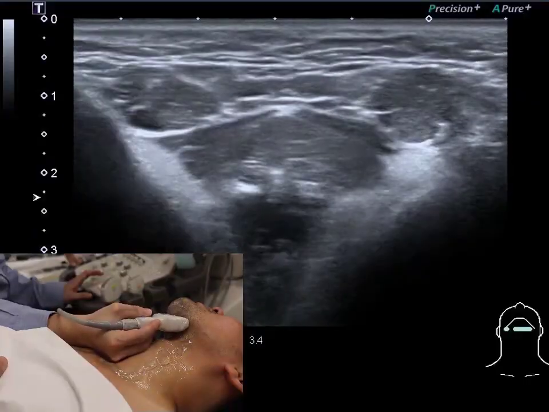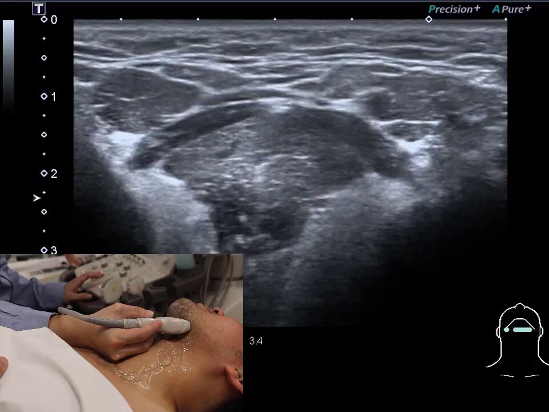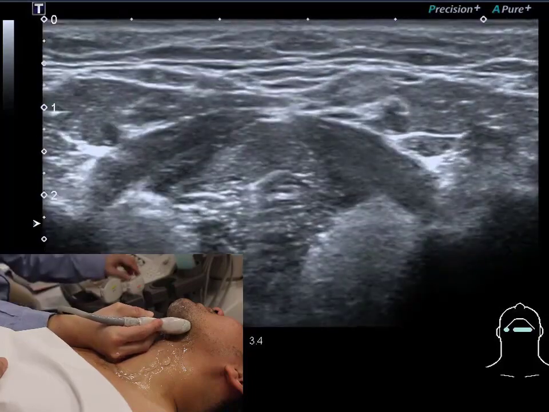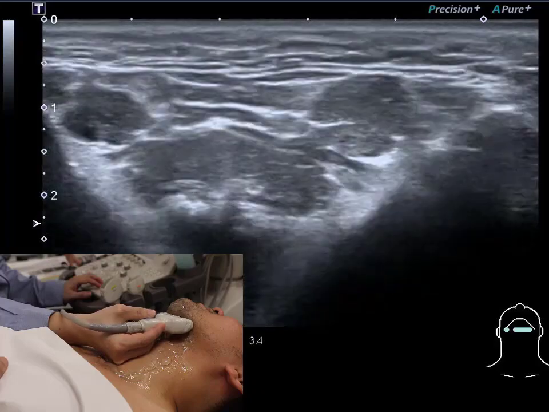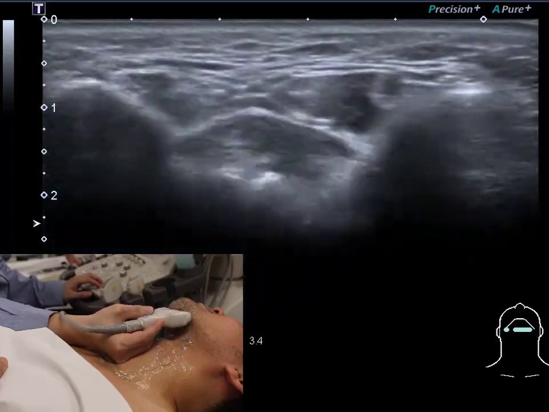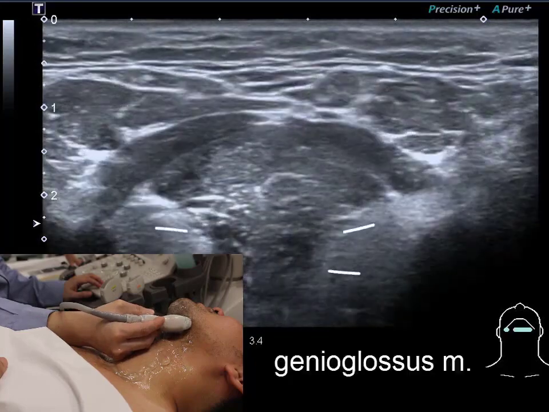Okay, next is the geniohyoid muscle. Geniohyoid muscle, as indicated here, is deeper to the mylohyoid muscle. It connects from the genu, the mandibular symphysis, to the hyoid bone. And then the deeper part is another muscle called genioglossus.